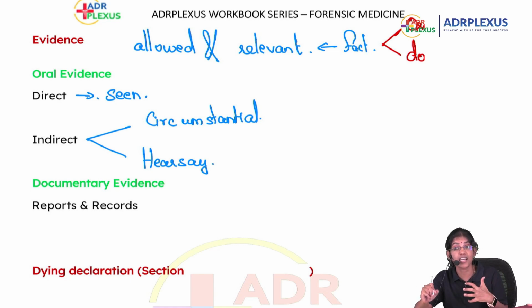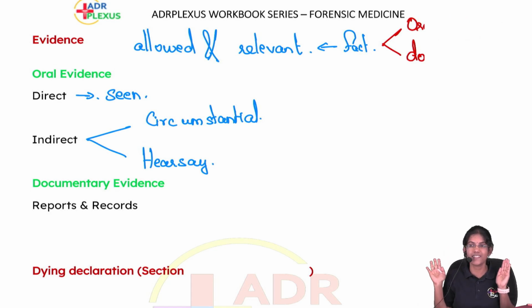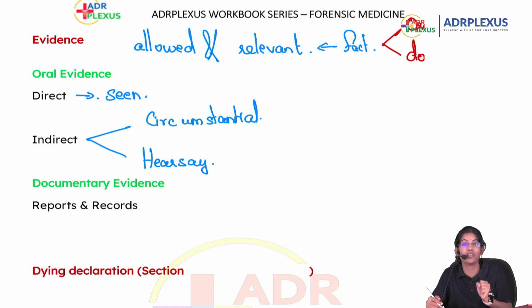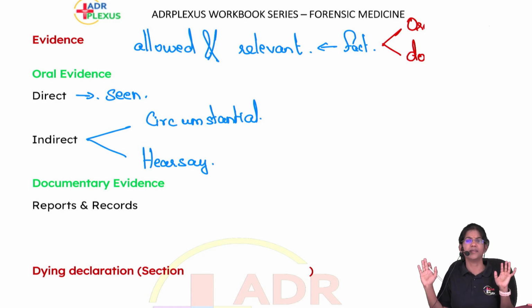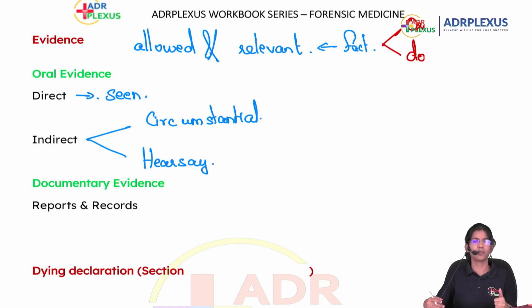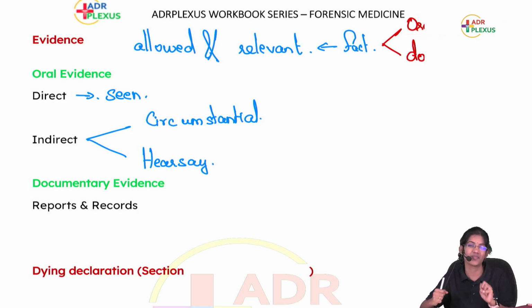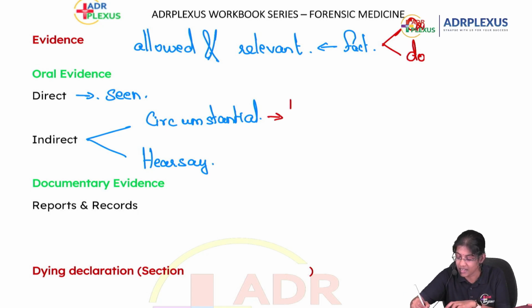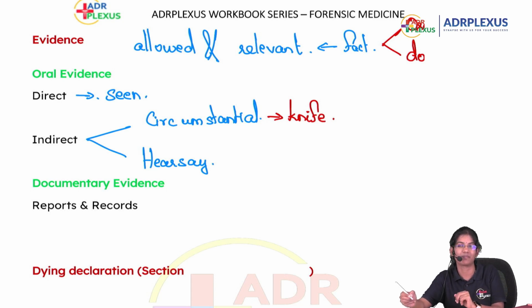Circumstantial means I did not see a murder, but I saw someone running in front of me with a knife and that knife had blood or a red color stain. I did not see a murder, but this morning when I got up and came out, I saw my neighbor washing a blood stained cloth. Circumstantial evidence.